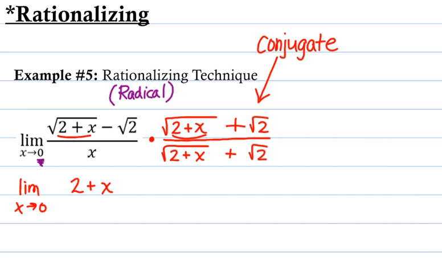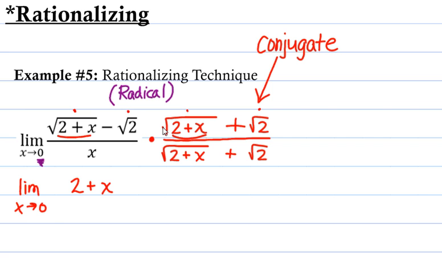Now, the square root of 2 plus x times positive square root of 2, that's just the square root of 2 times the square root of 2 plus x. That's a mouthful. But then I'm going to end up doing a negative square root of 2 times square root of 2 plus x. And when I do that, they end up canceling out.